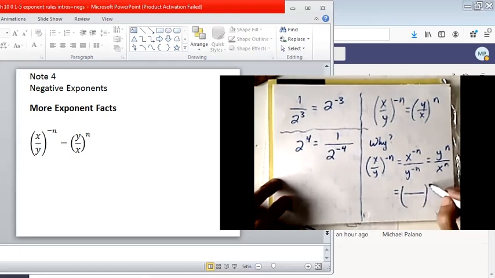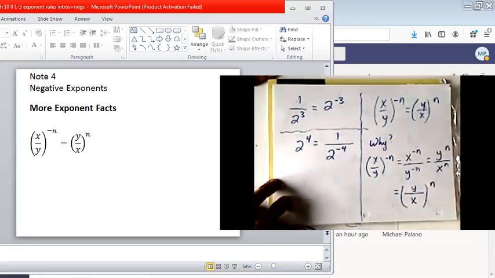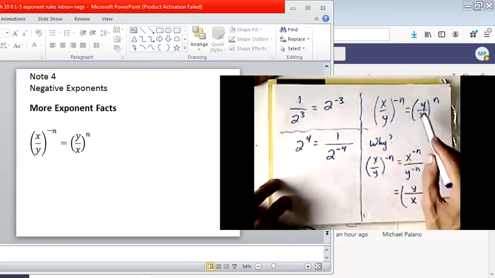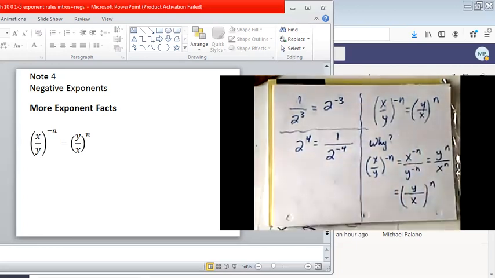So we can pull it out and leave the individual bits on the inside. And so that creates what you were given in the beginning. Flip the fraction upside down, and the exponent changes sign.